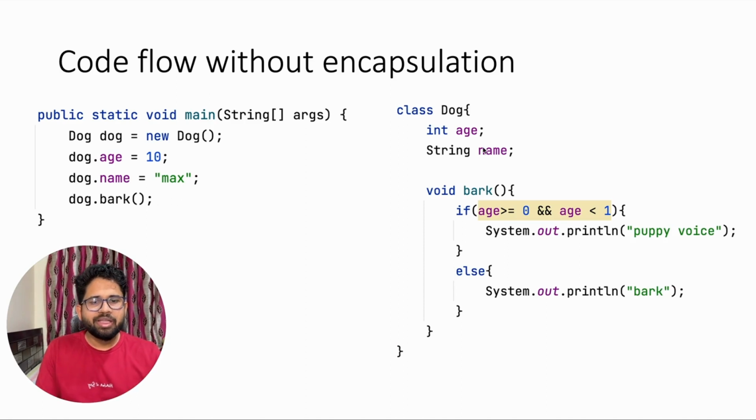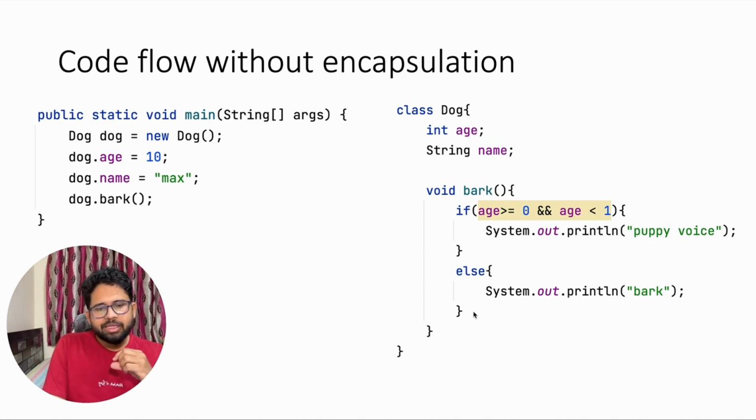They would reach out to the developer of the class Dog and say, hey, why are you printing bark for a dog with the age -1? How is it even possible? Now this person has to investigate. It would not be as easy as just looking into this code. It would be a bit complex.